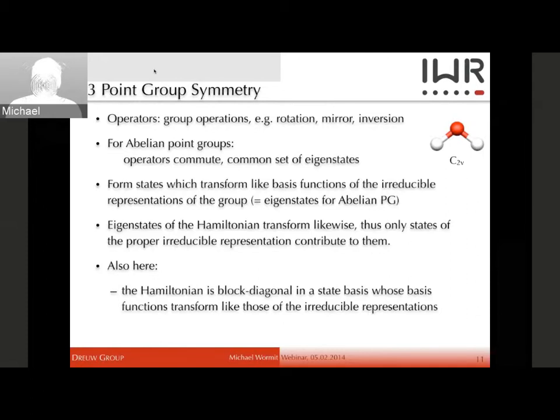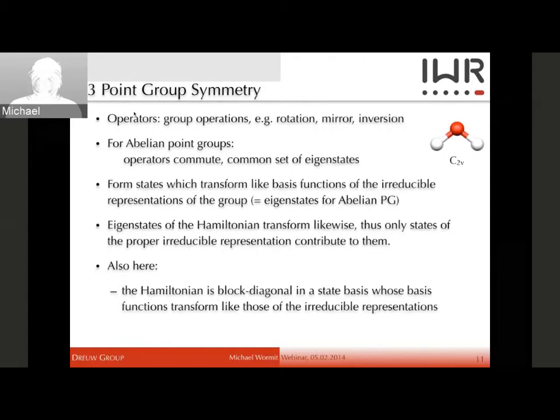If you add a phase factor to this, then you have some antisymmetry with respect to the rotation. So if you would have a function which is positive on one hydrogen atom and negative on the other one, you would have a sign change when you do the rotation and the mirror perpendicular to the screen plane.